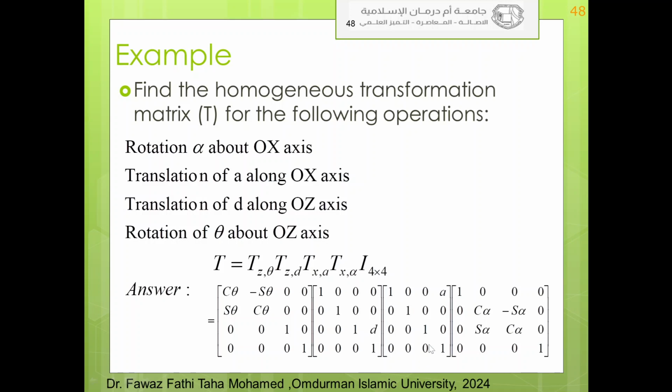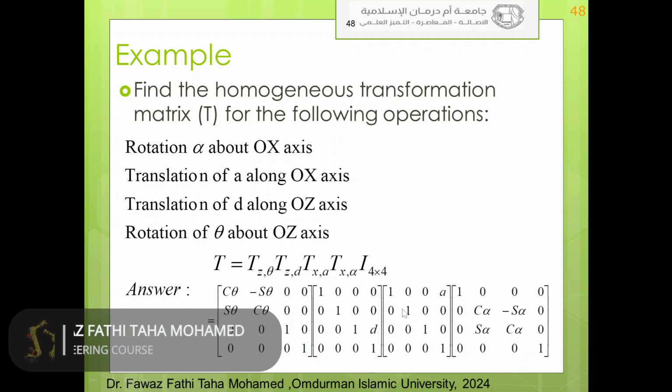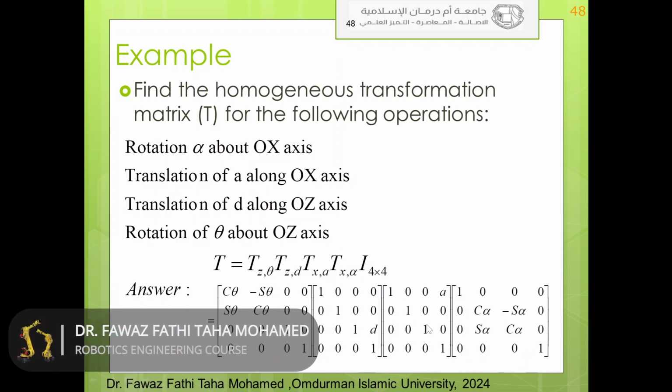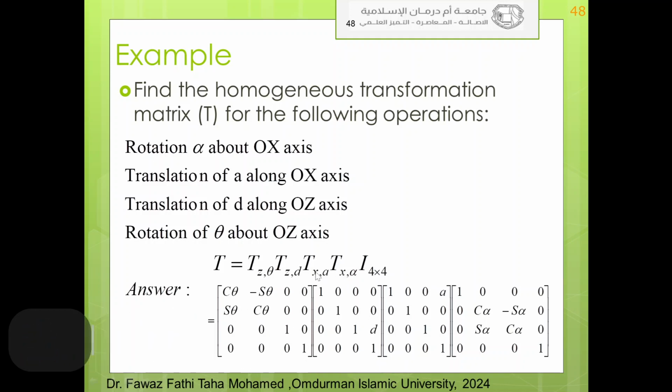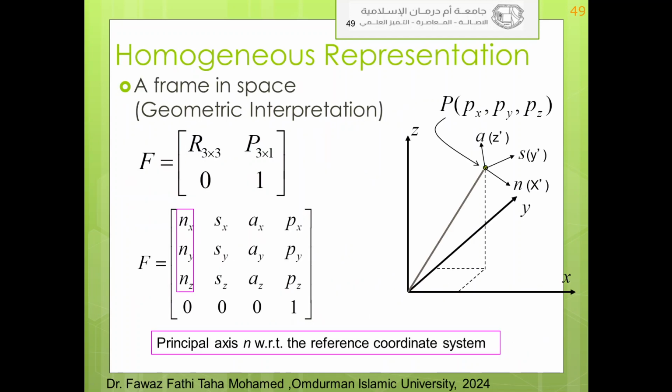Okay. This is the rotation matrix, translation with A along X, translation along Z with D. Here the rotation around Z with theta. Okay.